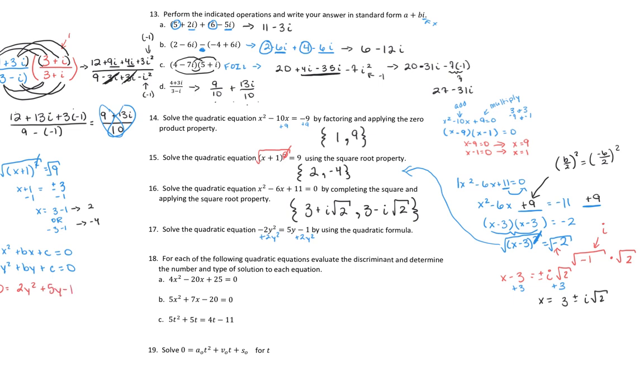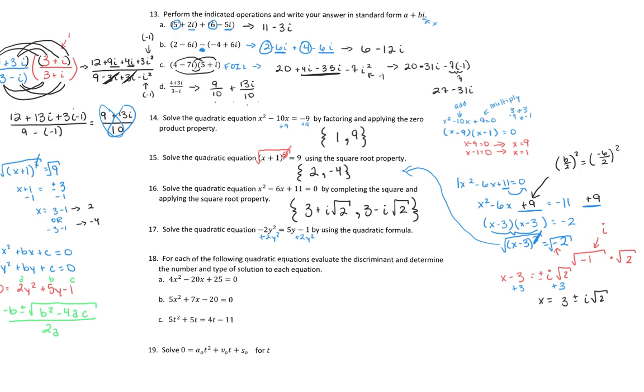If we recall, the quadratic formula is x is equal to opposite b, plus or minus the square root of b squared minus 4ac, all over 2a. So if we start plugging things in, we know that this is our a, this is our b, and this is our c.